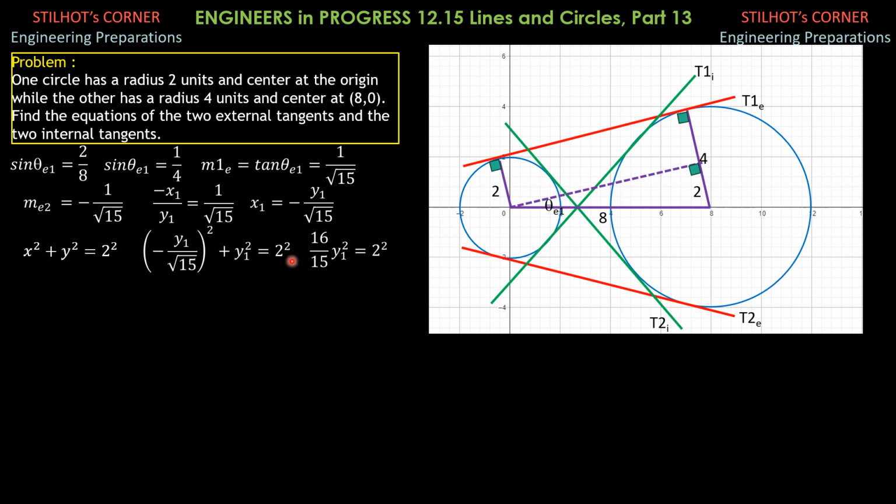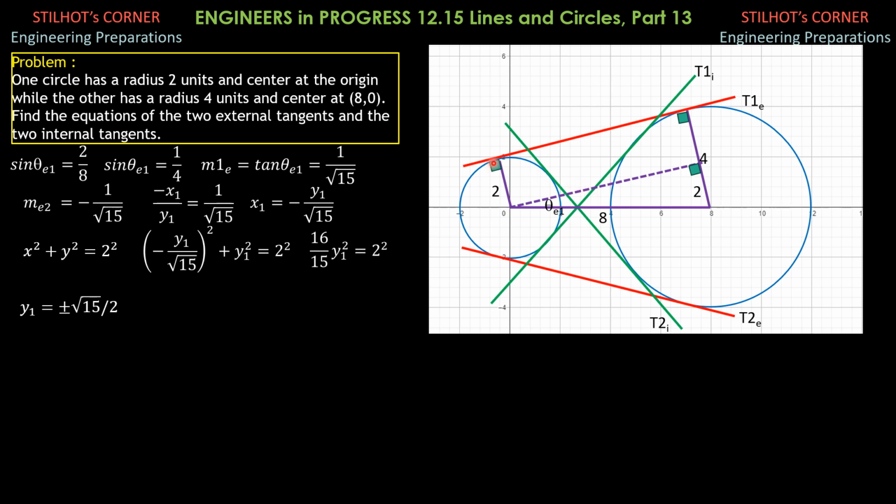So that's why y1 is plus or minus square root of 15 over 2, because this is 2 squared over 16, 1/4 times 15. So square root of 15 over 4 is plus or minus square root of 15 over 2. So y1 is plus or minus square root of 15 over 2.